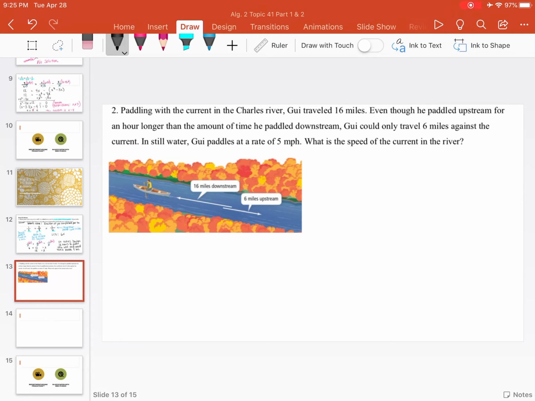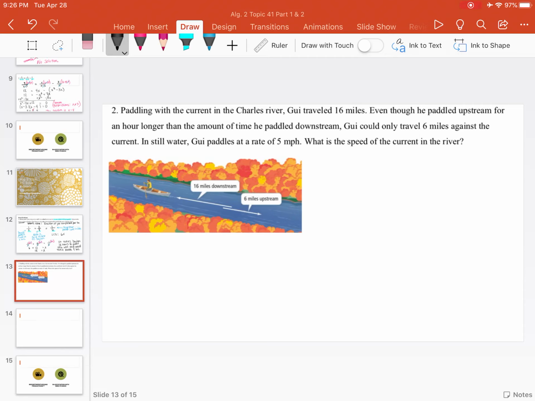Whew, this is a lot to take in. So first, we're going to, again, determine what are we actually dealing with. I mentioned before that rational equations, the word problems related to them, deal a lot with rate.